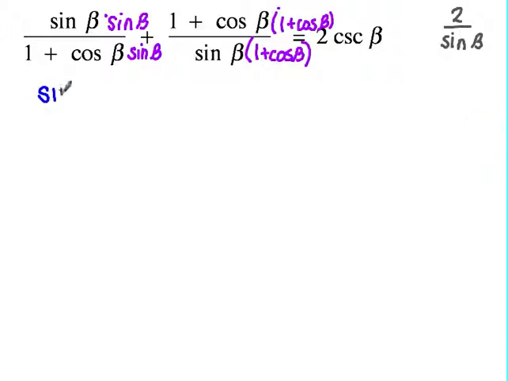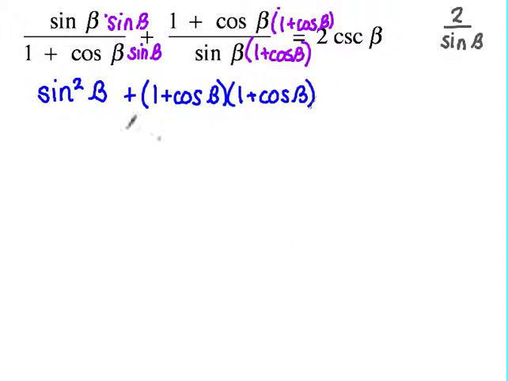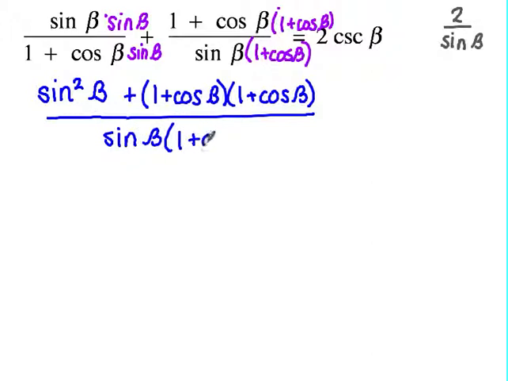So I have sine squared of beta plus my second one, 1 plus cosine of beta quantity times 1 plus cosine of beta, all divided by sine times 1 plus cosine. And I want to show that that equals 2 cosecant.